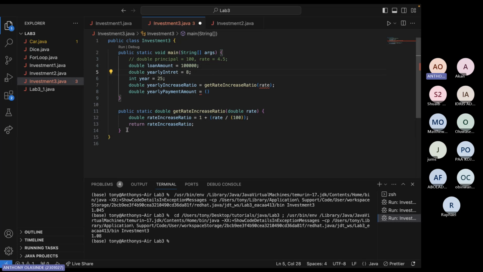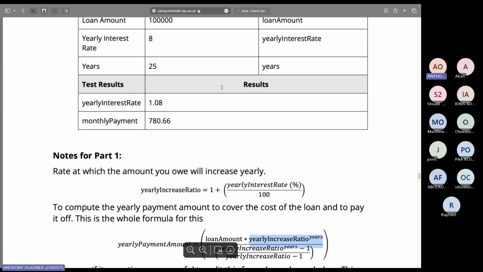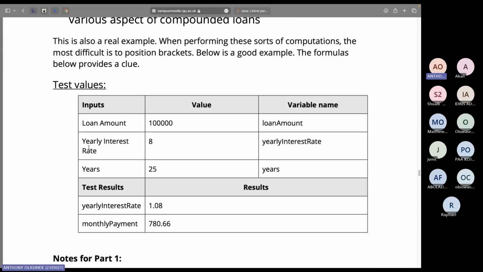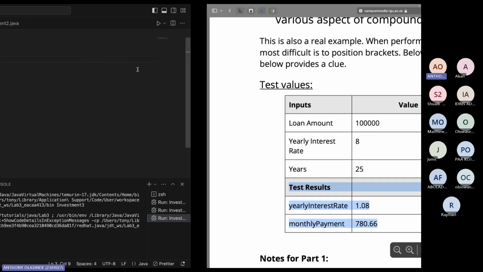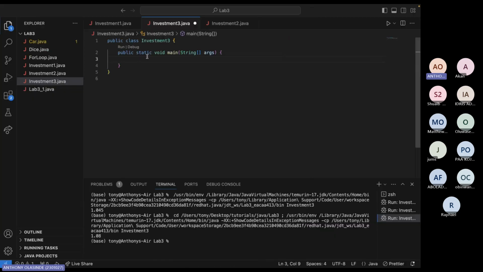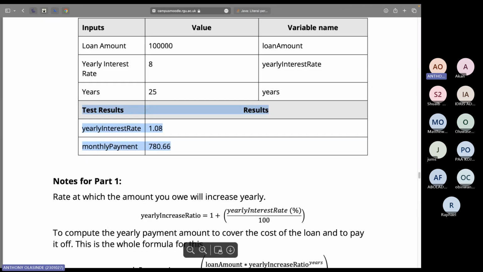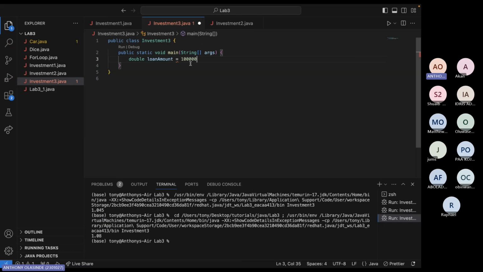Not to confuse you, because I've been doing a lot of quick fix, let's just take it from the top. These are test results, so we won't be needing this, but this, we need. So we have loan amount, which they are calling loan amount. That's fine. So double loan amount equals value, I think 100,000.